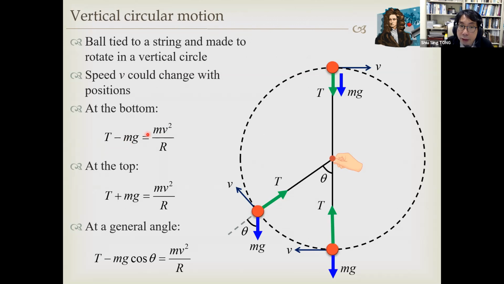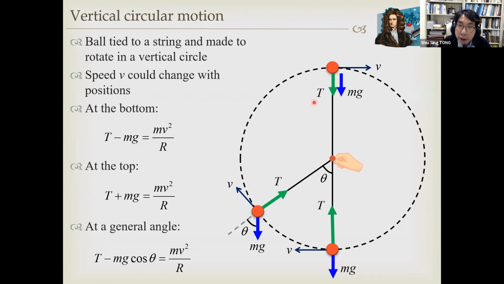The centripetal force is given by mv squared over r, where v is the speed of the object at this instant. We simply apply the net force being equal to the centripetal force. But since the tension and the weight are in opposite directions, there's a minus sign before the weight. And the tension force should be larger than the weight in order to provide the centripetal force upward.